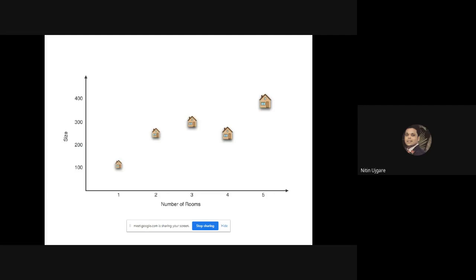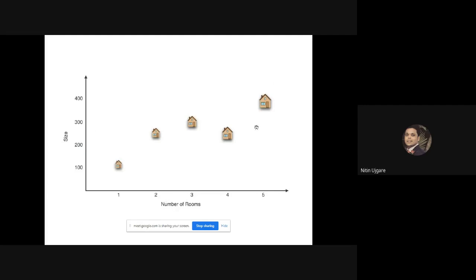So now we are not interested in transforming a 5-dimensional input instance space to a 2-dimensional one, but in this example we want to transform a 2-dimensional input instance space to a 1-dimensional one. Here X represents the number of rooms and Y represents the size of the house.